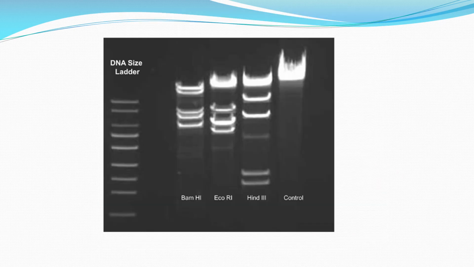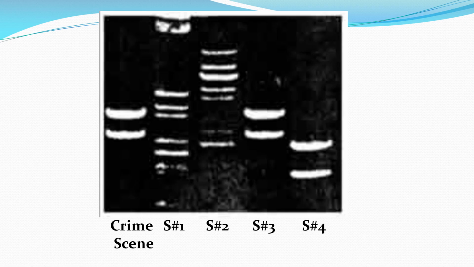If you look over here on this side, I want to say it's your control, but this is where you can compare the size to knowns. This doesn't really mean too much, but you can see that these are just different genes that are separating out.